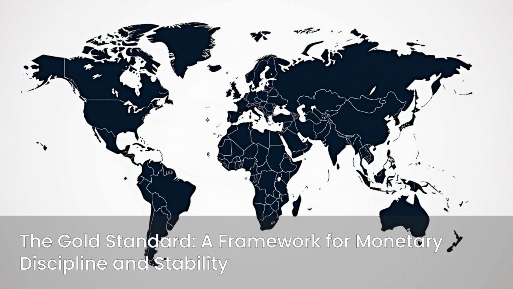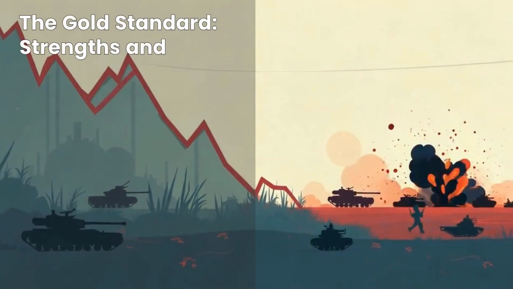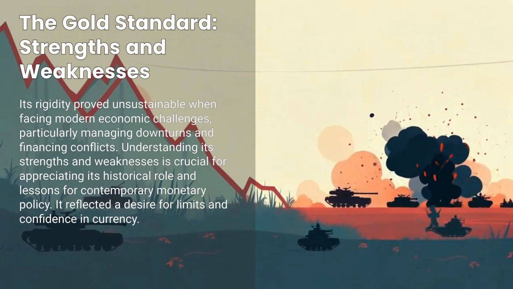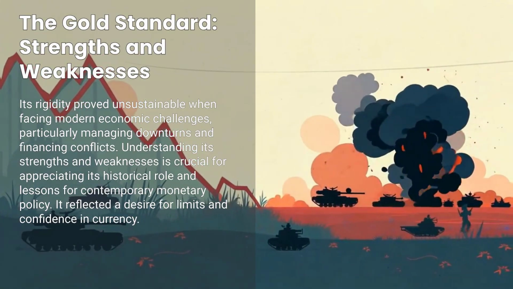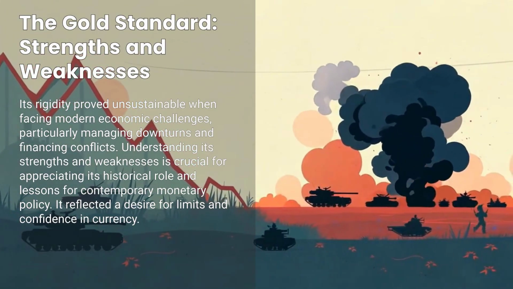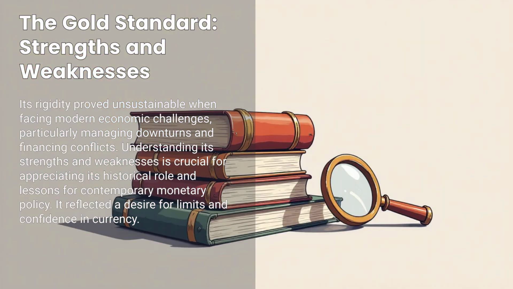It successfully provided a framework for monetary discipline and international financial stability for a significant period, fostering global trade and investment. However, its inherent rigidity proved unsustainable in the face of modern economic challenges, particularly the demands of managing severe economic downturns and financing large-scale conflicts.